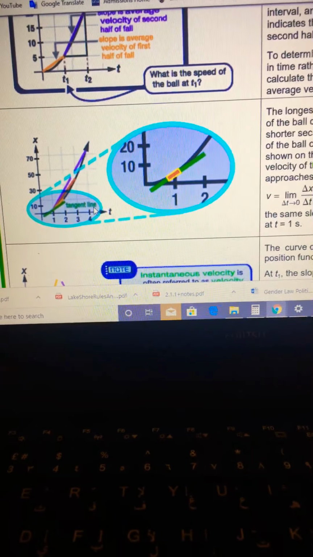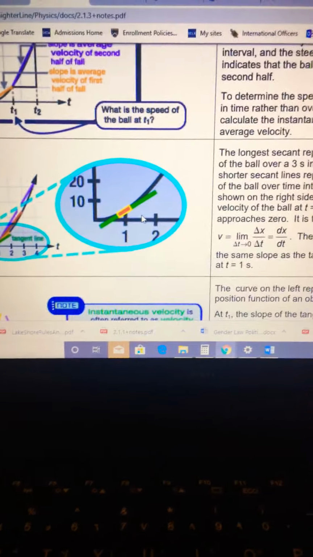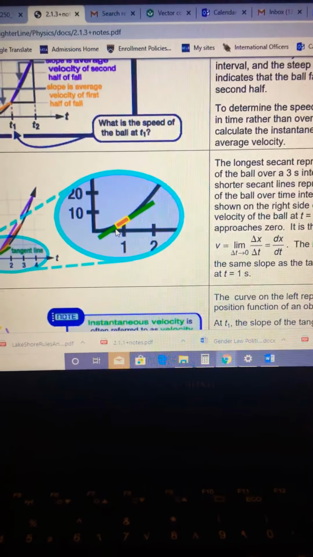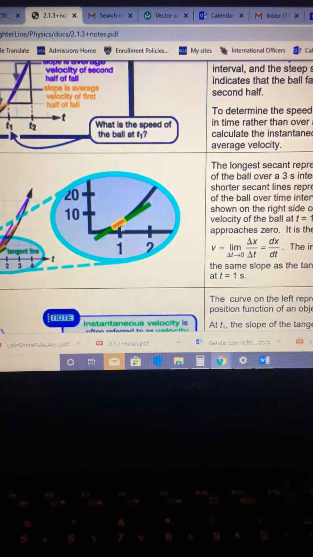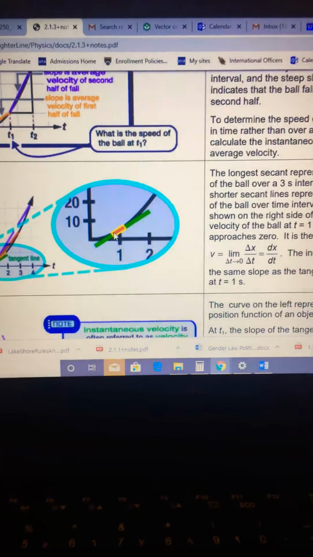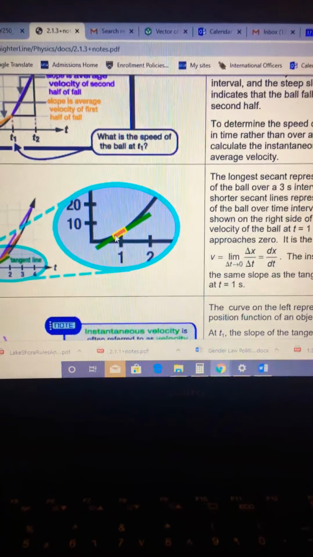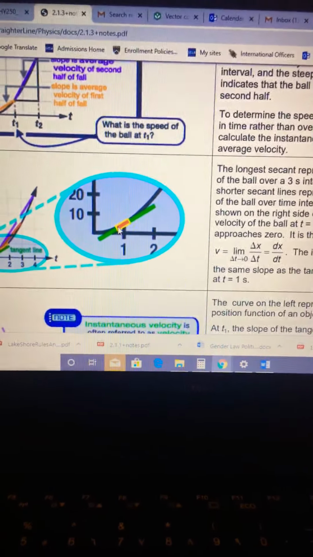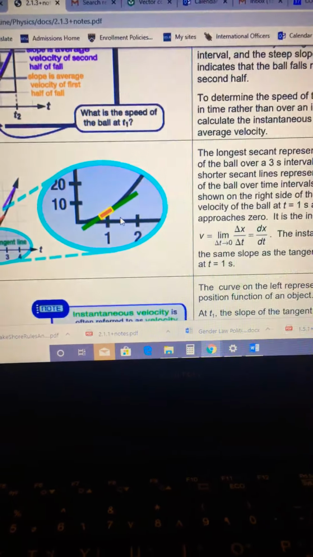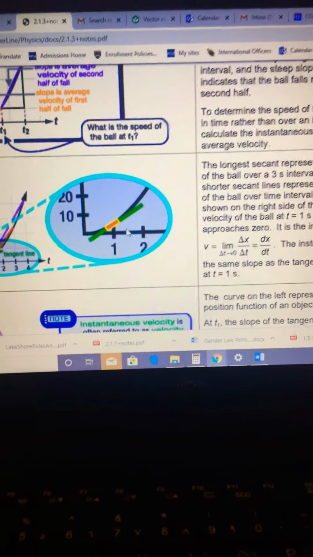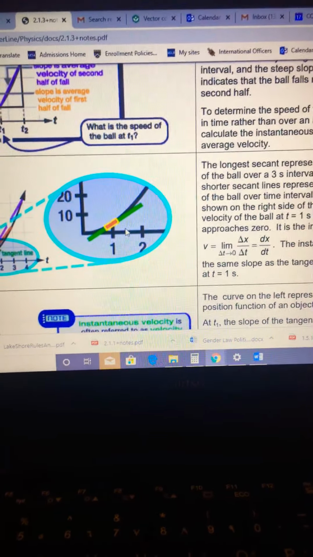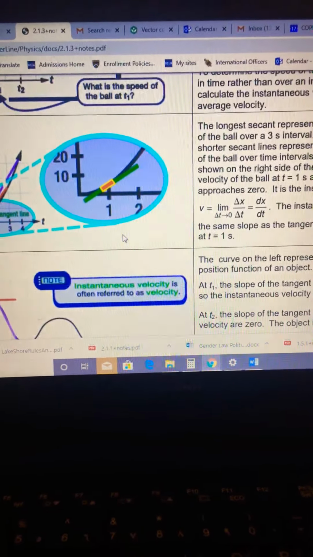The line shown on the right side of the image represents the velocity of the ball at t equals 1 second as the time interval approaches zero. It is the instantaneous velocity, so the velocity limit as the interval approaches zero. The instantaneous velocity has the same slope as the tangent to the position curve at t equals 1 second.